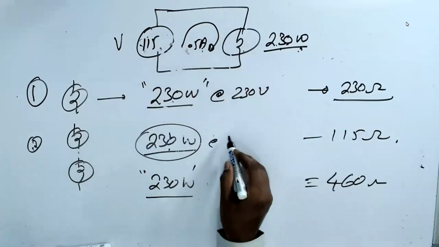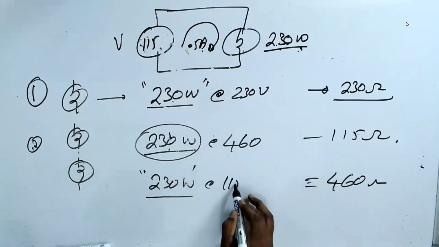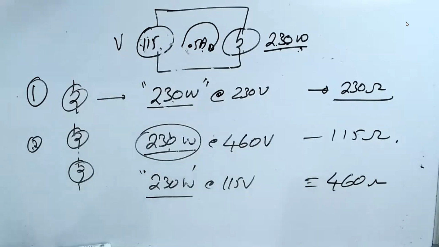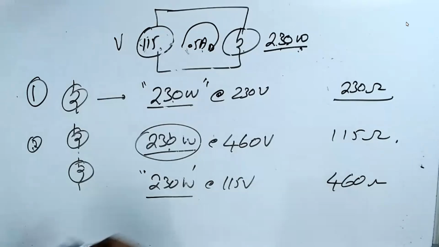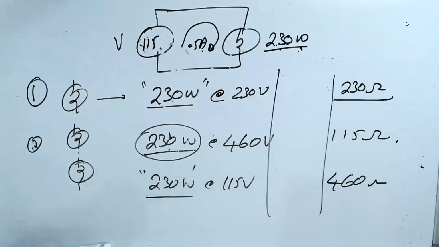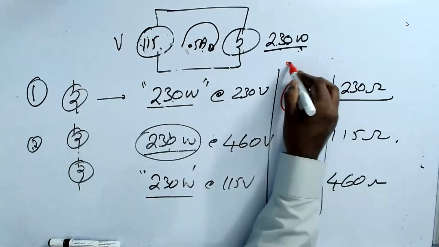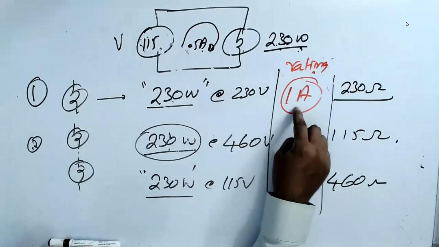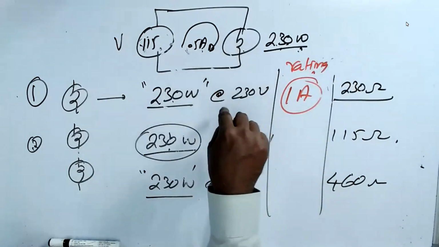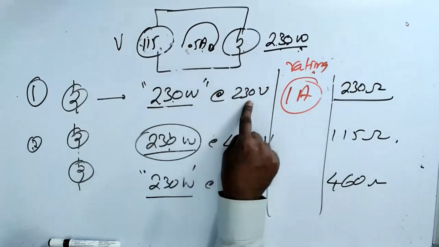This bulb can withstand only up to 1 ampere. If you give more than 1 ampere, this bulb will burn. That means it gives you 230 watts at 230 volts.